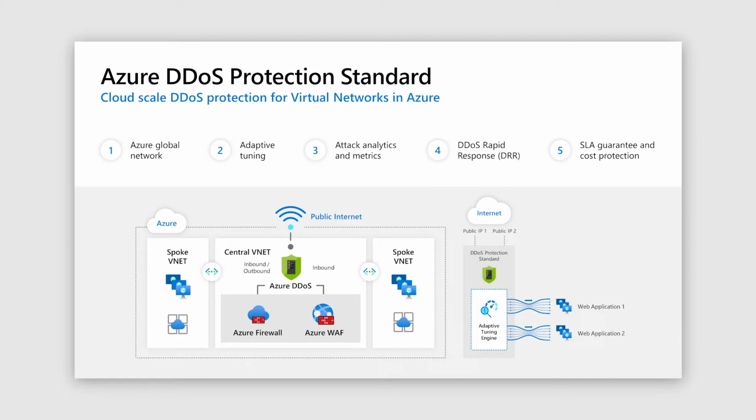DDoS Protection Standard will learn the amount of traffic that is expected to your applications or other publicly facing endpoints within Azure. And when traffic becomes too much, DDoS protection will jump in and mitigate potential DDoS attacks by inspecting and potentially dropping traffic if it turns out to be malicious.